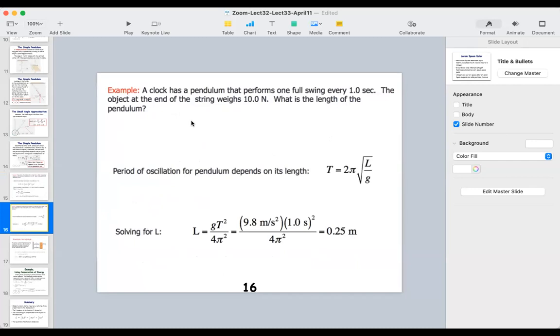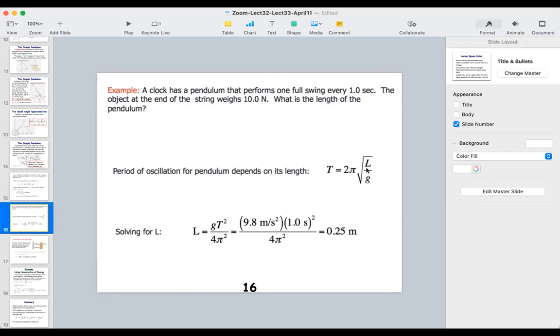Okay, now here let's see a pendulum. A clock has a pendulum that performs one full swing every 1 second. The object at the end of the string weighs 10 Newton. What is the length of the pendulum? The period of oscillation for the pendulum depends on its length. We saw the equation before: T is 2 pi times the square root of L divided by g.